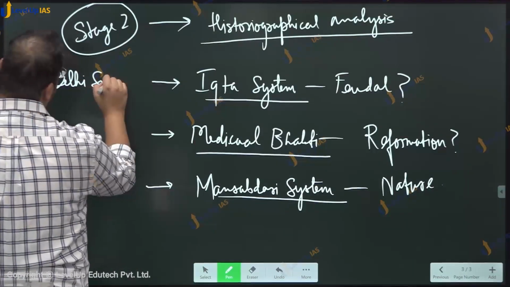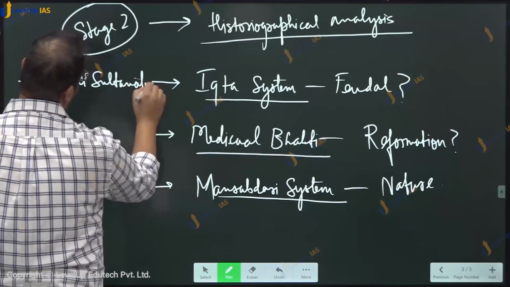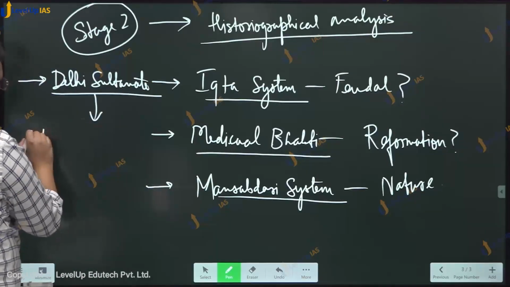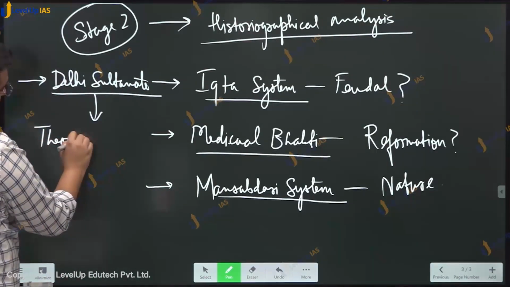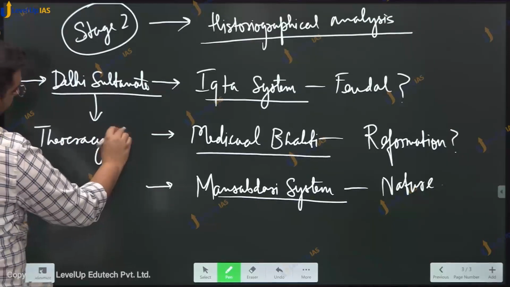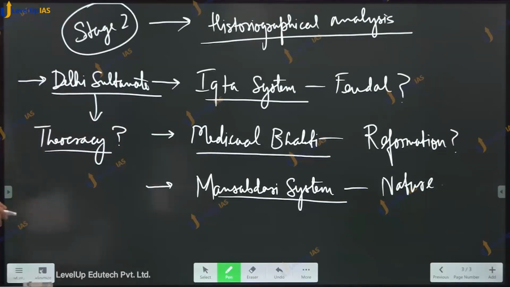दिल्ली सल्तनत, was it a theocracy or not, right? That is a relevant debate.